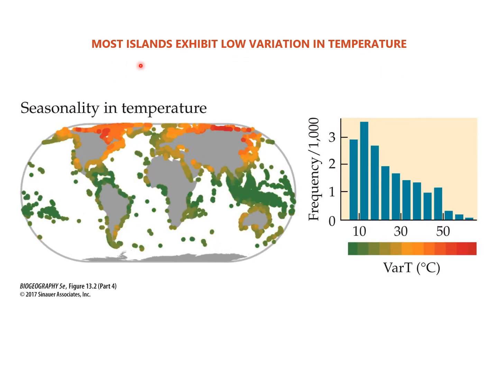And also the low variation in the seasonality of the temperature. So here we're just looking at the variation, whereas the previous figure was showing the actual temperature. This is the variation, so probably some metric like the difference between the maximum and minimum temperatures. And you can see that most islands have low variation. Very few islands have really high variation.